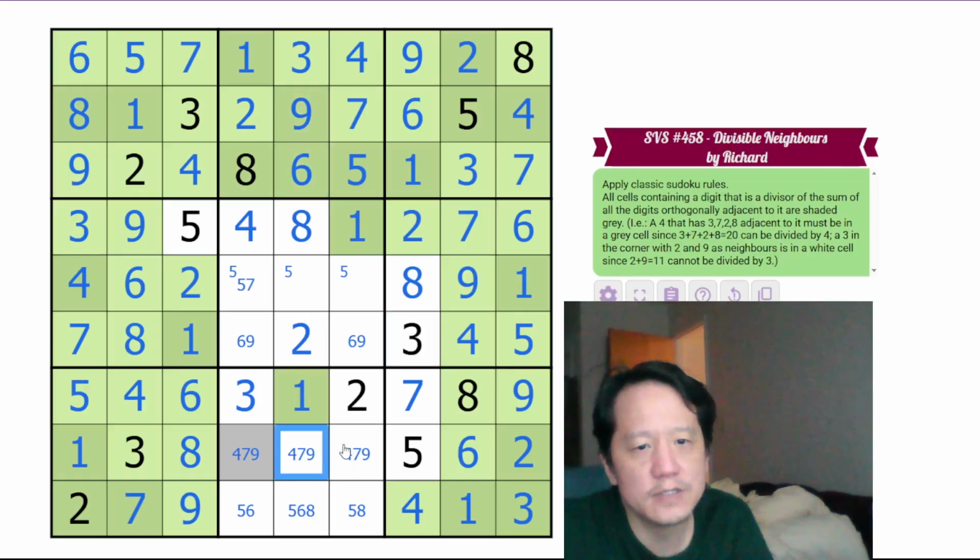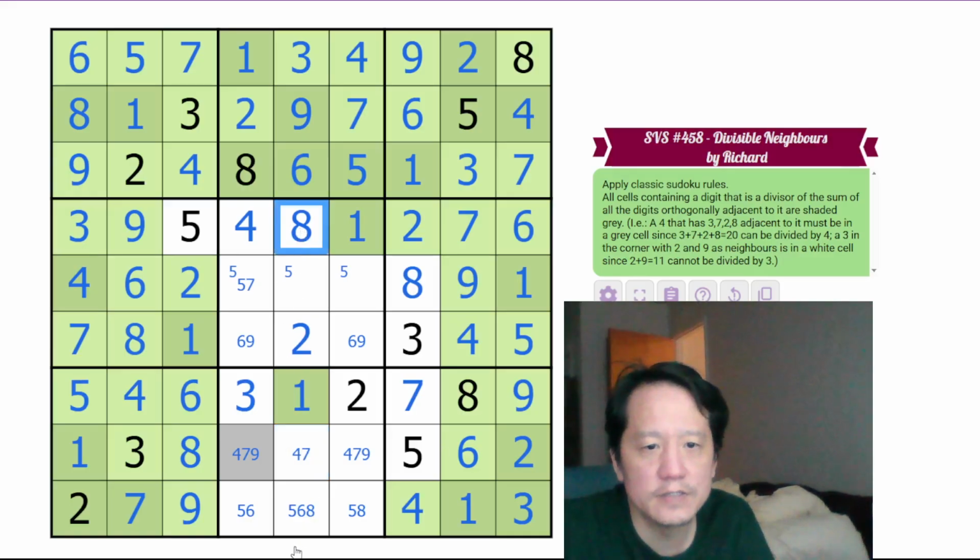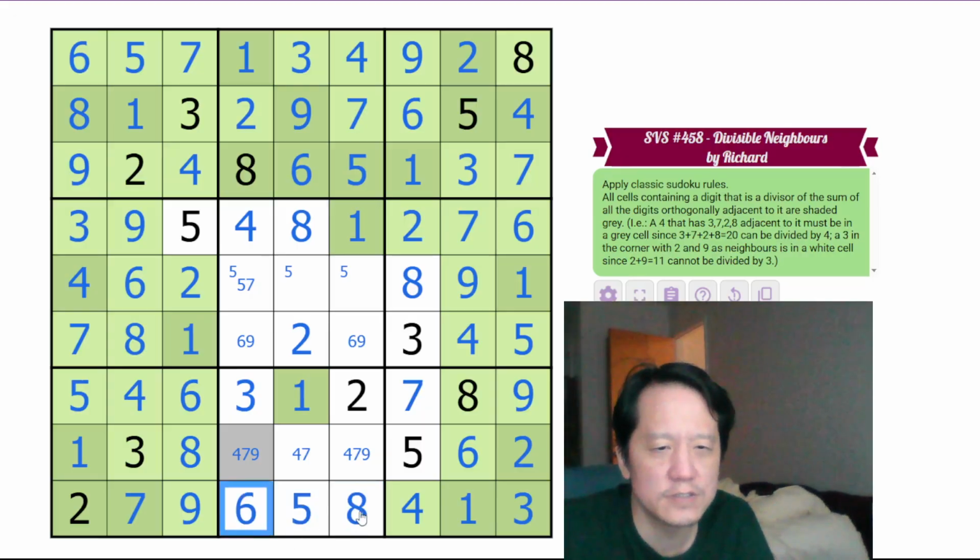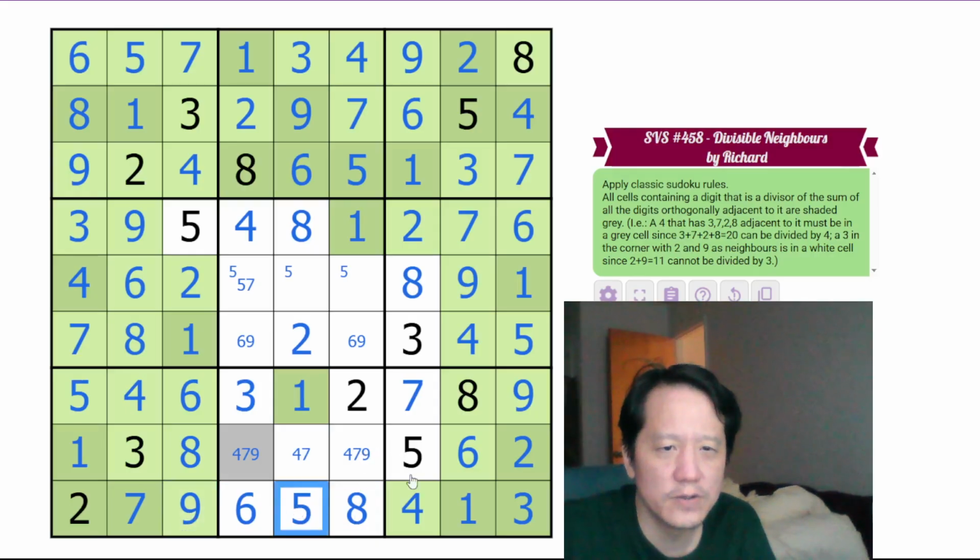Nine eliminates 9 here. 8 and 6 eliminate 8 and 6 here, so this is 5, which makes this 8, which makes that 6. Again, 21. 9 does not divide evenly into that. This cannot be 5. This can't be 4. So that makes this 7, which makes that 4.